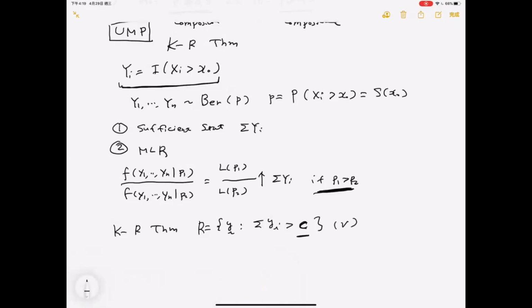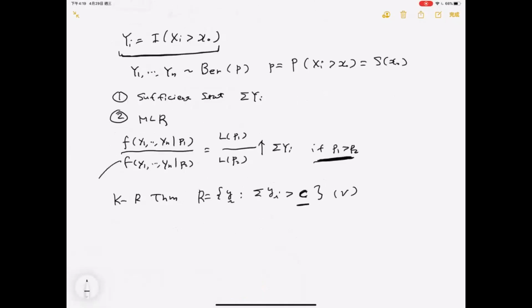So let me show this right here for you to get a better sense of what we mean by the MLR property, because I did not show that as much as I wanted. First of all, you can write the likelihood function of Y1 to Yn given p.